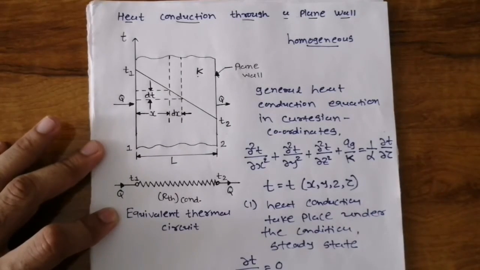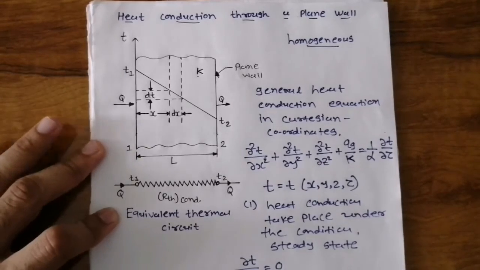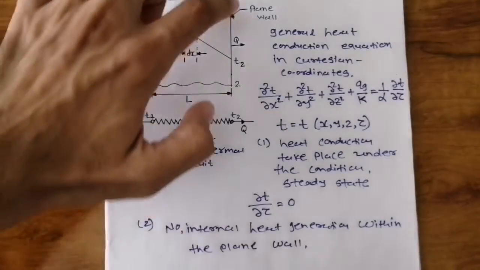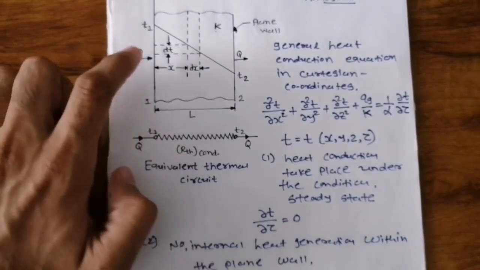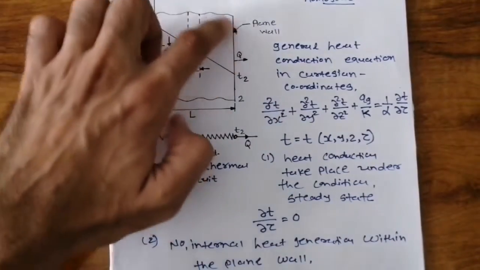The second assumption is no internal heat generation within the plane wall. Heat is transferred from the left side to the right side, without heat generation in the plane wall.